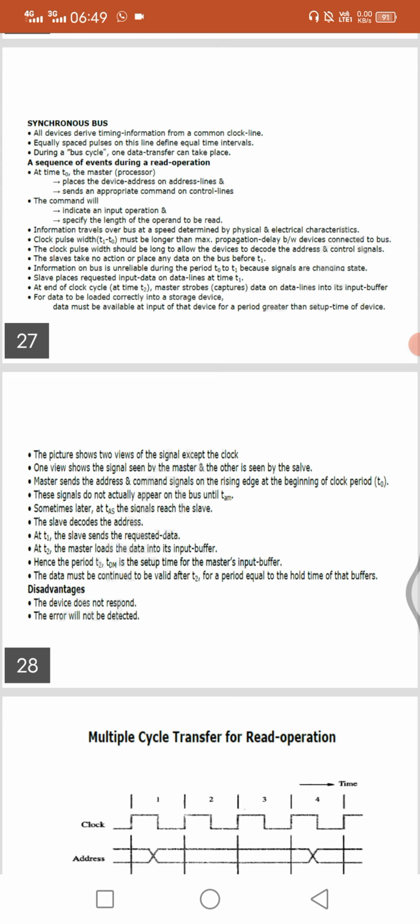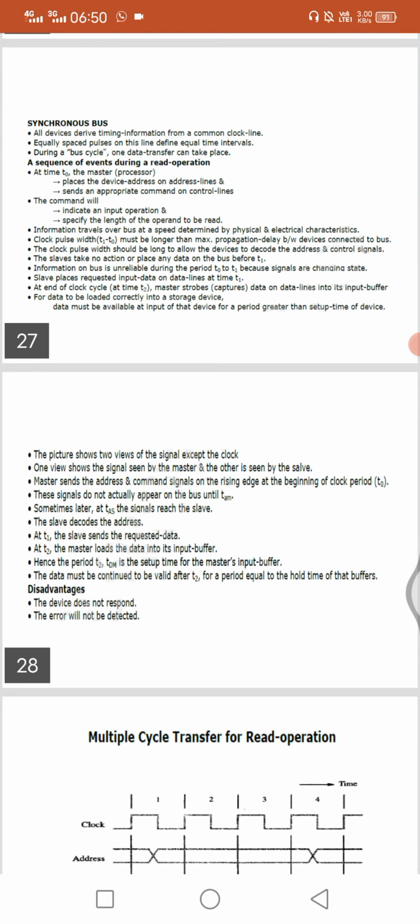First of all, the processor places an address on the address line for getting the required information. It sends an appropriate command on the control lines. The command indicates an input operation and specifies the length of the operand to be read.